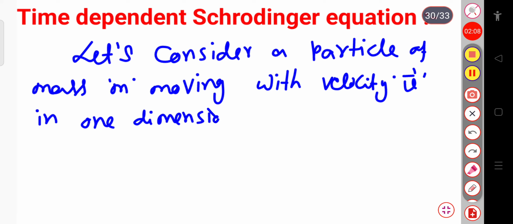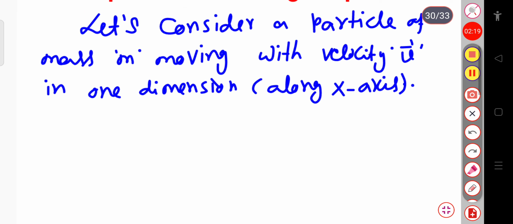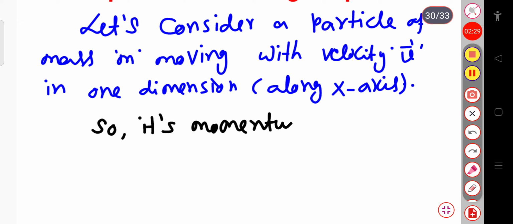Suppose along the x axis. Its momentum, the linear momentum, will be p equal to m into v.